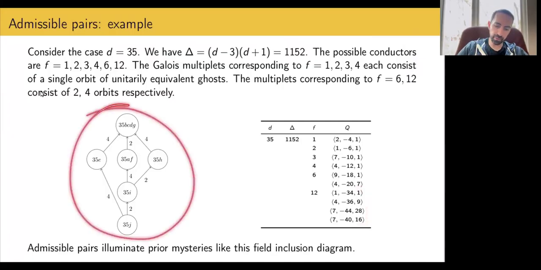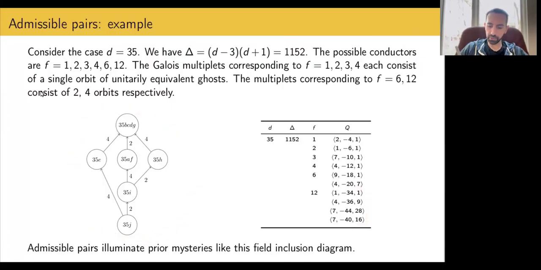So this is a diagram from an old paper that I co-authored with several people. And the point of this is to say, like, previously we had no idea. We just gave these things labels like A, B, C. Like, we didn't know what to call these things. And we now know that these things are labeled by class representatives of quadratic forms under similarity transform.